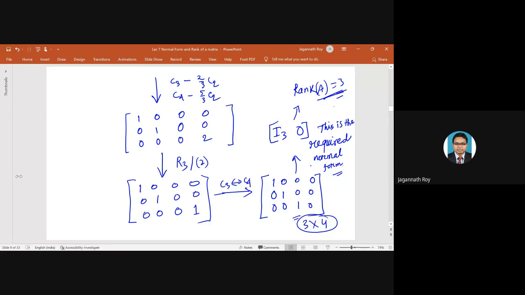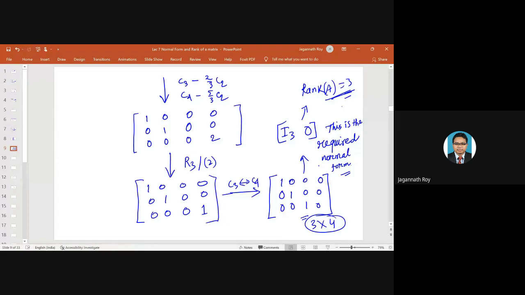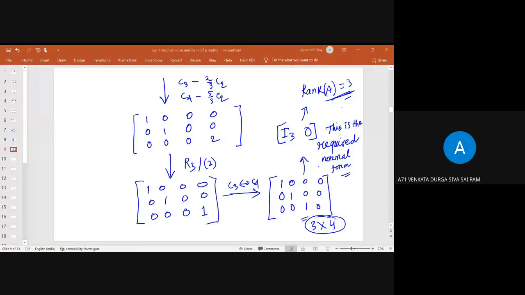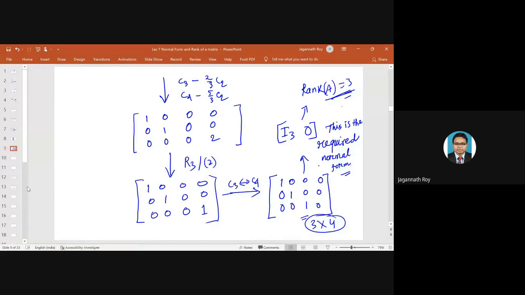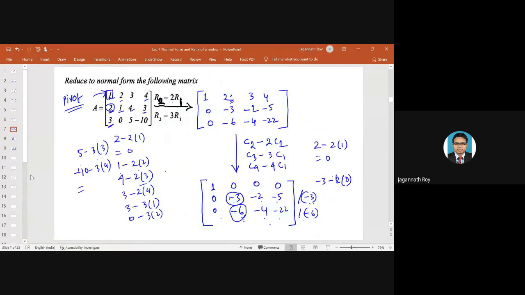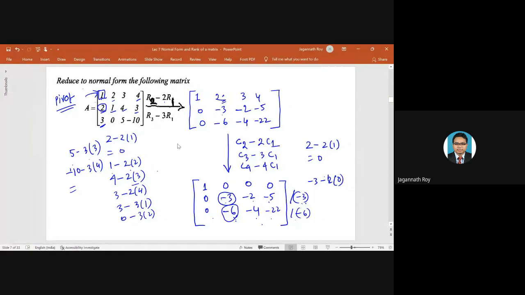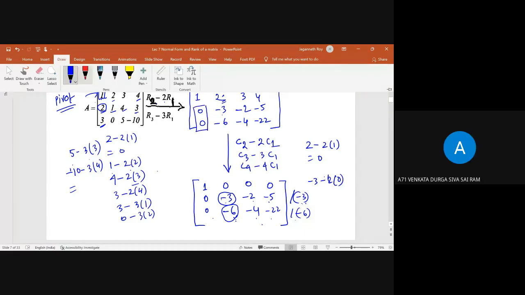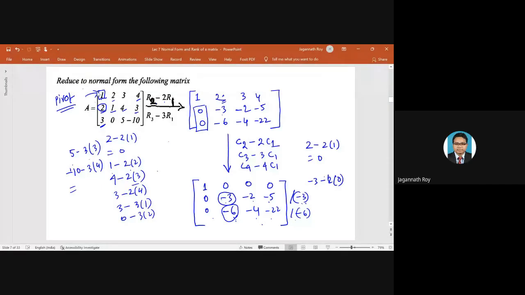Sir, when do we know that we can start column operations after some row operations? If you go back and check from here, for every step, first the first column you make it 0. Now you want to make them 0.